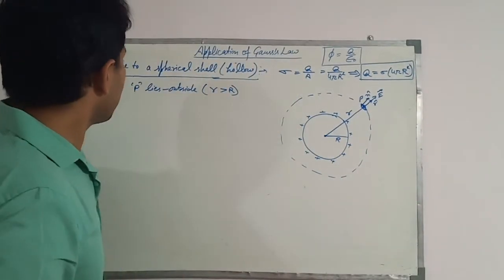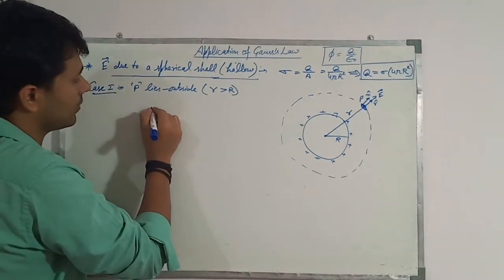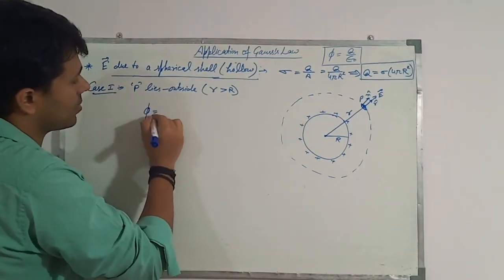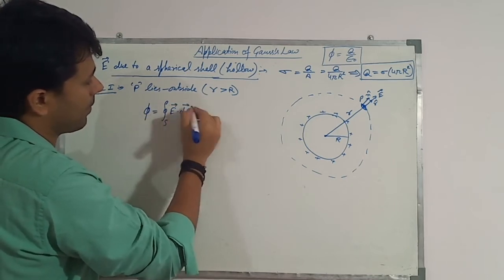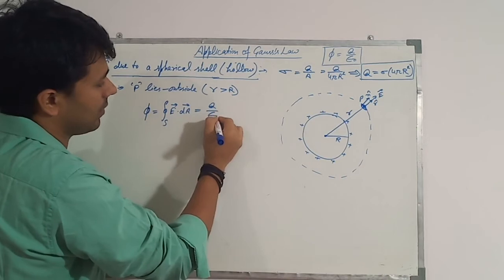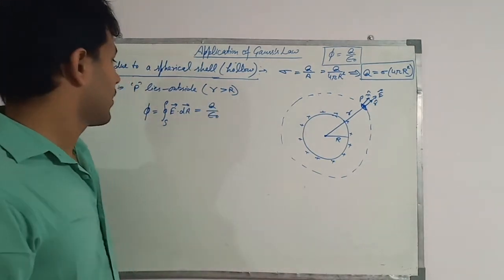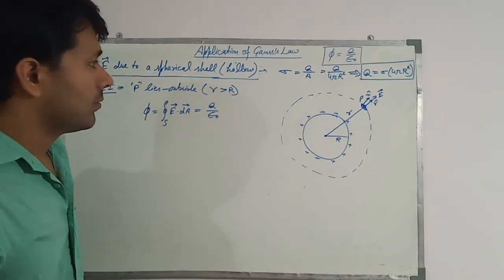Clear? Now according to Gauss law, phi is equal to the closed integral of E dot dA, equal to Q upon epsilon naught.